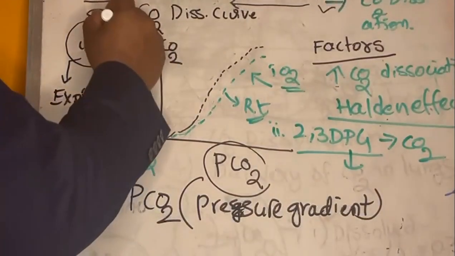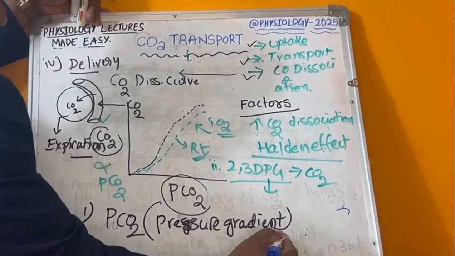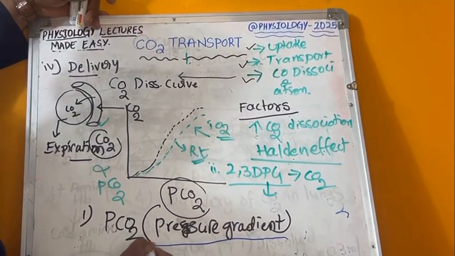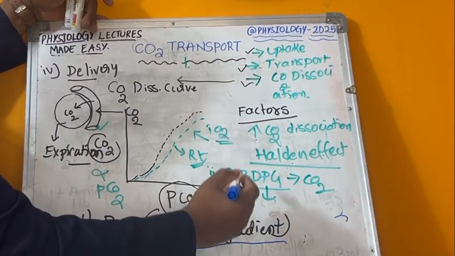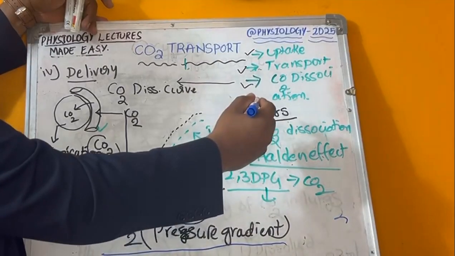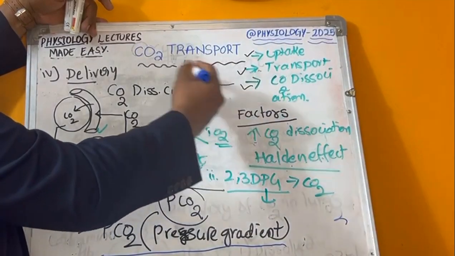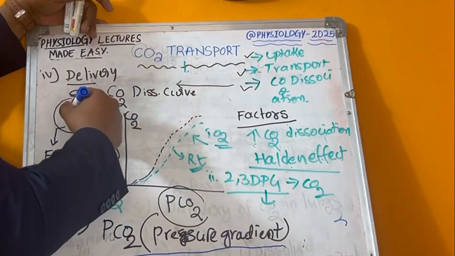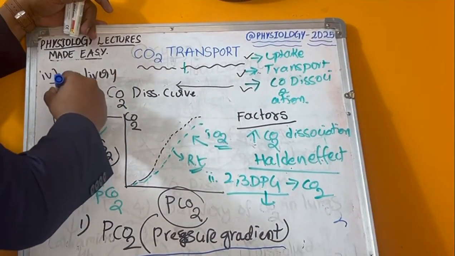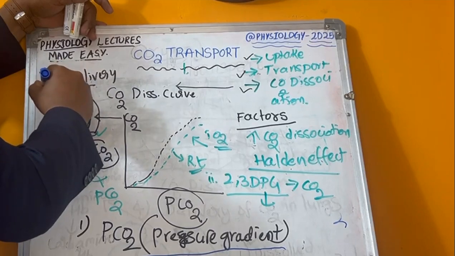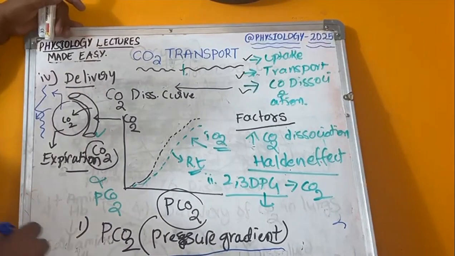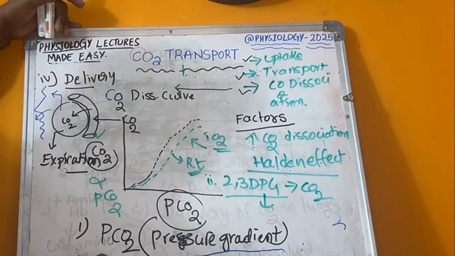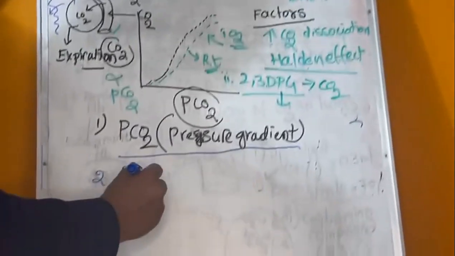So PCO2 was explained. Due to the pressure gradient, the carbon dioxide moves from tissues to surrounding blood, from there to the pulmonary capillary, from there to the alveoli, and from there out of the body as expired air.